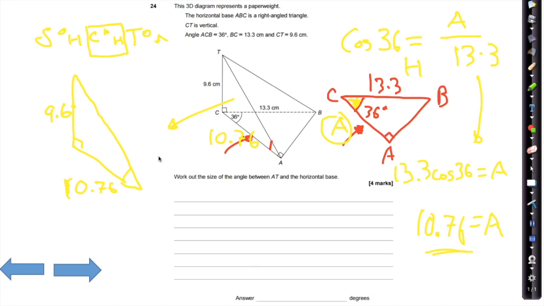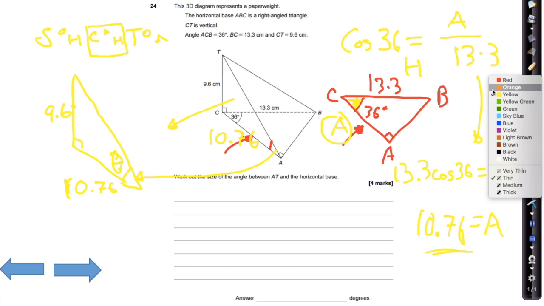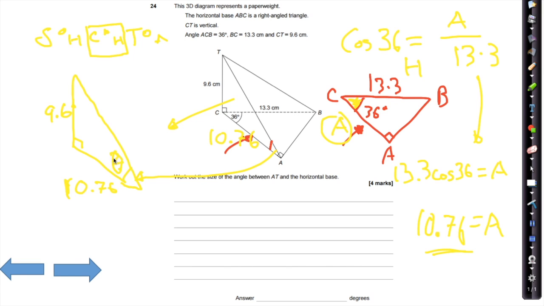We're trying to find out what this angle is here, which we'll call theta. This length here, if we're talking about this angle, is the opposite, and this is the adjacent, because remember, opposite the right angle is the hypotenuse. So we've got the opposite and we've got the adjacent.